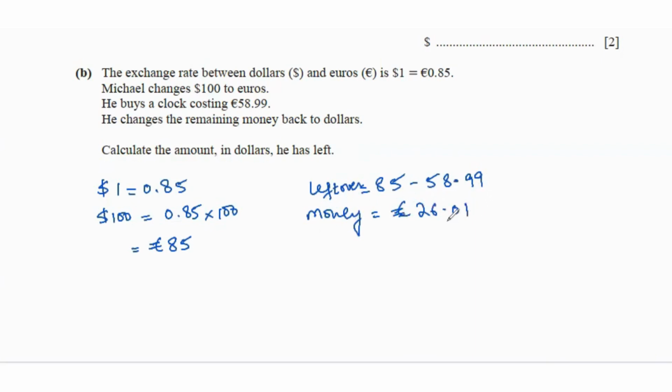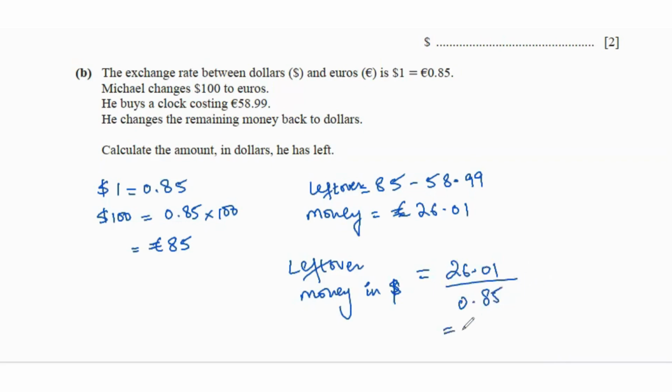So now we have to convert the 26.01 back to dollars. So leftover money in dollars equals 26.01 divided by 0.85. That is going to equal $30.6.